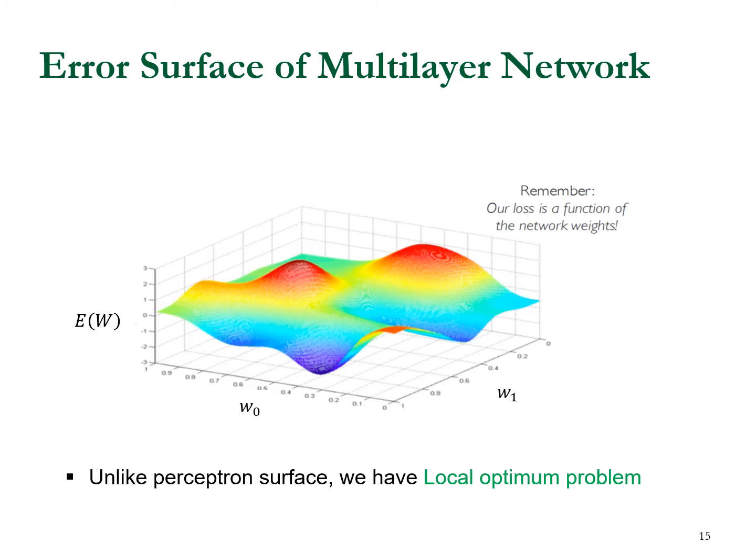But in a multi-layer network using a nonlinear activation function, if you visualize the error surface, it looks something like this. It has many local minima. It doesn't have one single global optimal minimum.